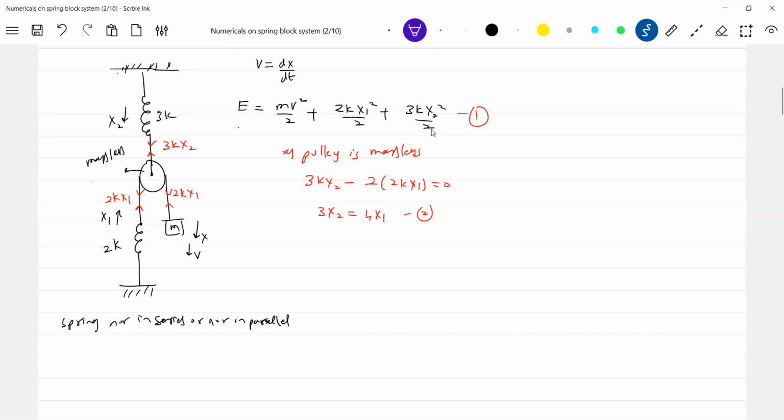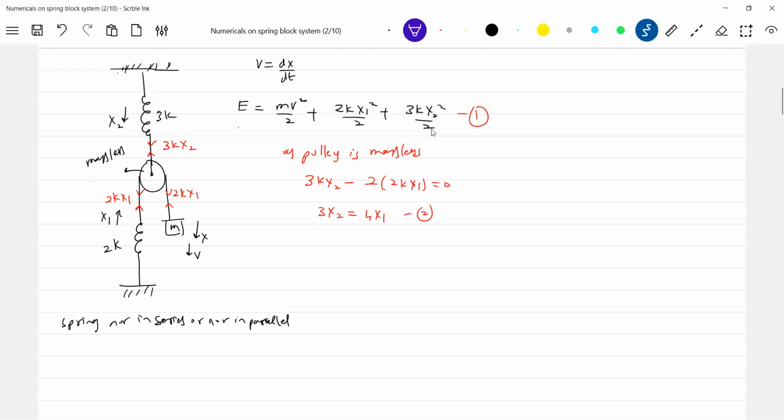This is equation 2. How many unknowns are there? X1, X2, X. I want X1, X2 in terms of X. So I'll go for the next constraint equation. Assume that this spring is not there. Then the displacement of the block should be equal to the elongation in the spring. Am I right? Yeah, assume that the superposition principle we are applying. If the block moves by X, how much will the spring elongate?